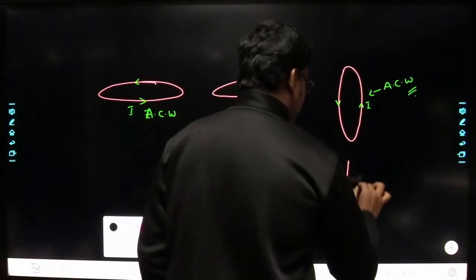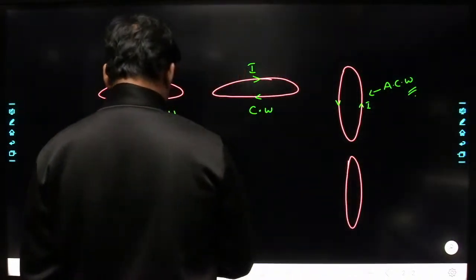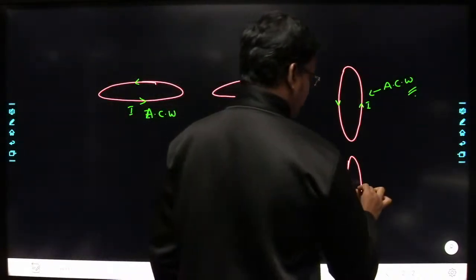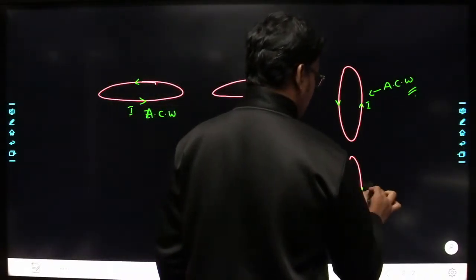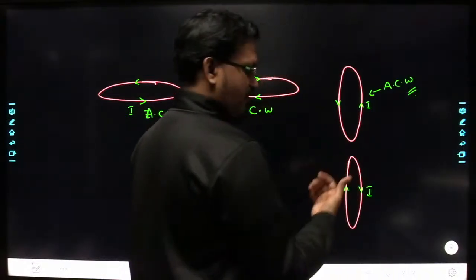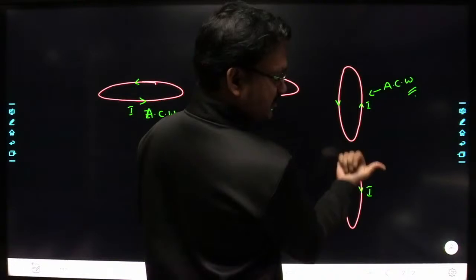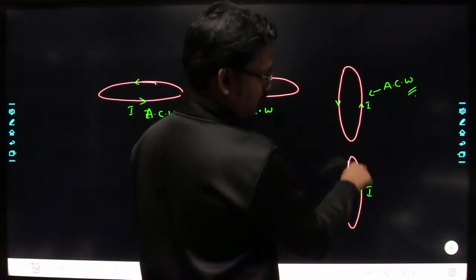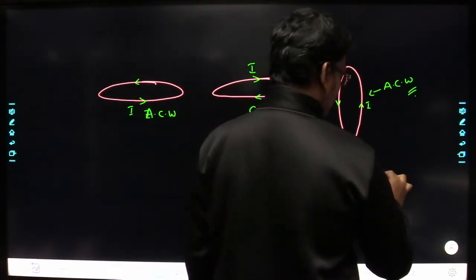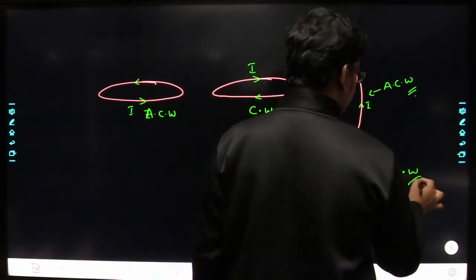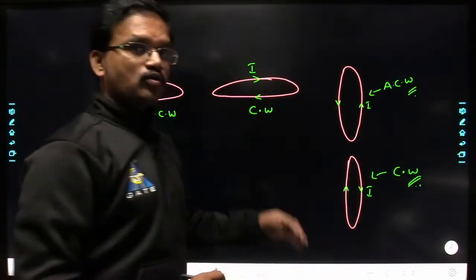Next, if we consider the loop like this, for the previous problems, I explained that if the current is flowing in this manner, that means from up to down, consider this as clockwise direction. I have told this already.